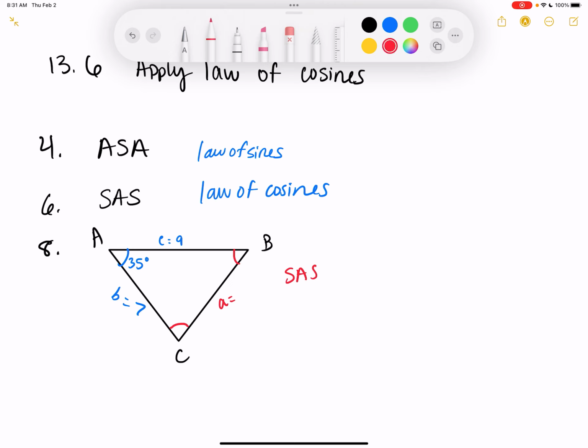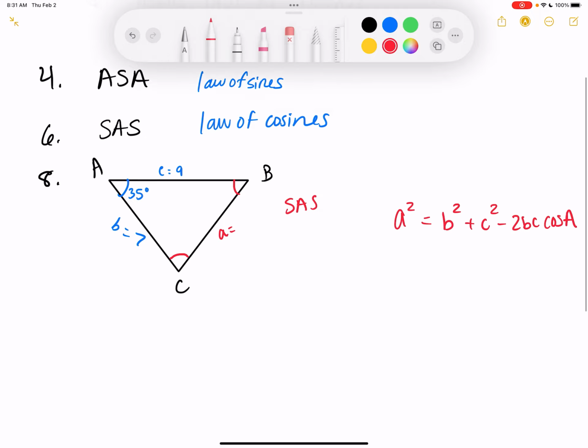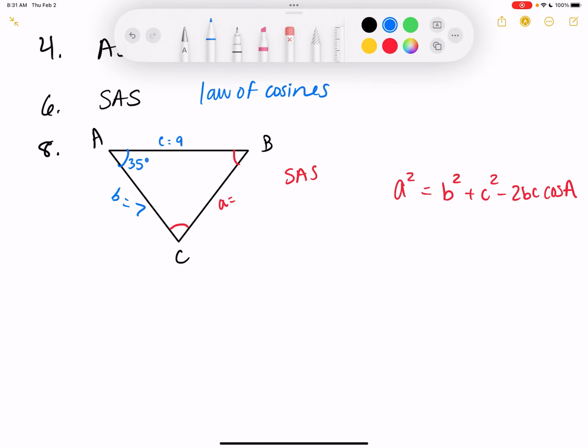We're trying to find side A, so A squared is equal to B squared plus C squared minus 2BC cosine A. Then plugging stuff in, you can go ahead and take the square root of it all when you write it, so you don't have to rewrite it.